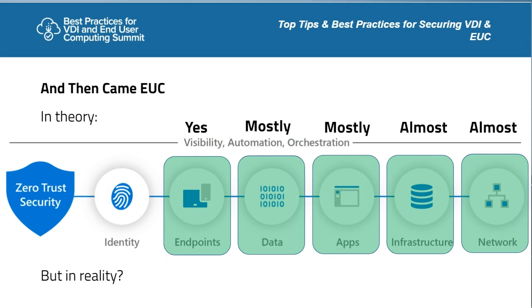So we solve and get green checkmark boxes on the majority of our journey to zero trust, because we've gone out, we've bought tools to help us with all the things that we need to do, like microsegmentation, like identity, i.e. single sign-on MFA, to authenticate to the virtual environment.